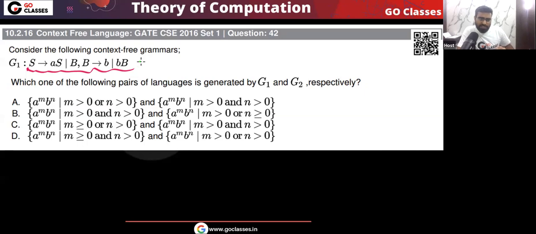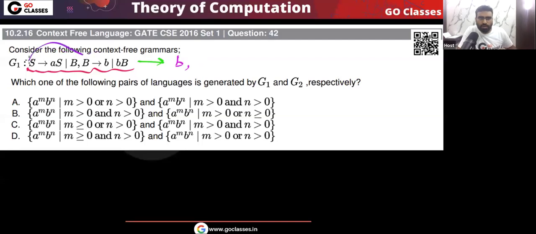You can see which strings are generated, some small strings. Tell me, what are the minimum length strings that I can generate? Notice S can go to B and B can go to b. So the minimum length string I can generate is b. This is the minimum I can do. From the given grammar, I can generate string b, because S can go to B and B can go to b.